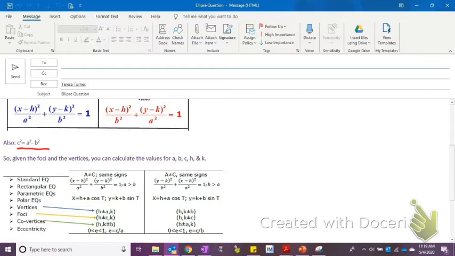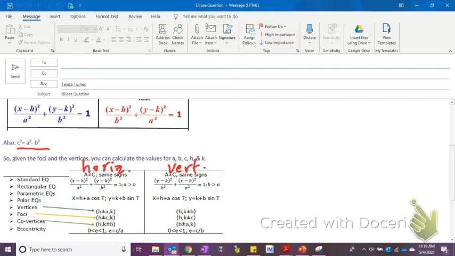The other chart here is from the foldable that, had we been at school, we would have created. And I've drawn the lines because it's a little bit out of alignment here. But the formula for the vertices, the one on the left is a horizontal ellipse, and the one on the right is a vertical ellipse.